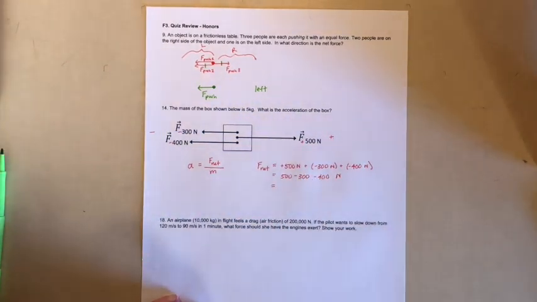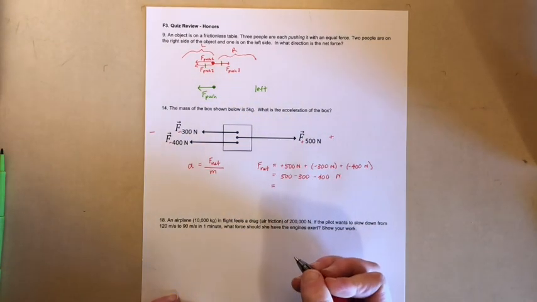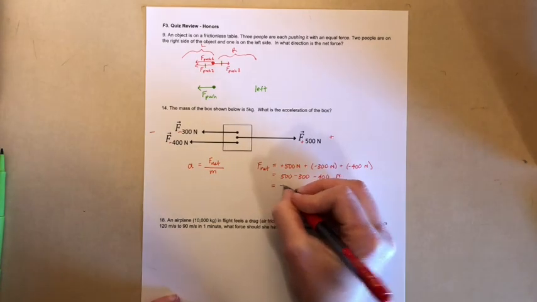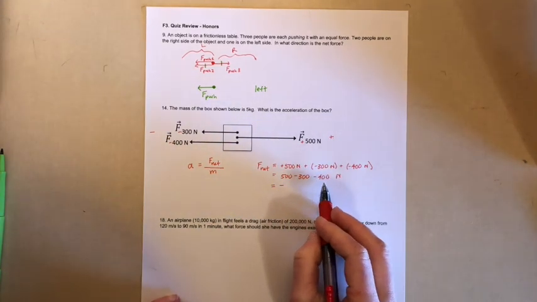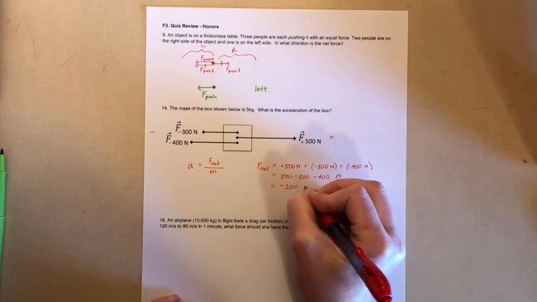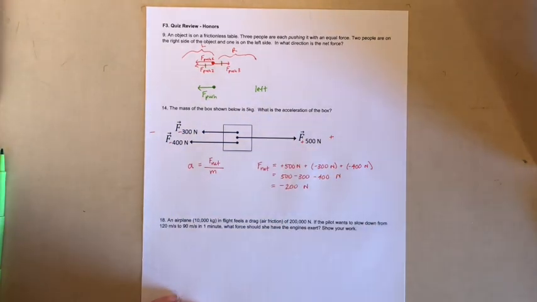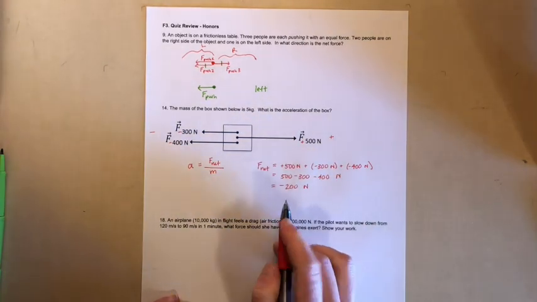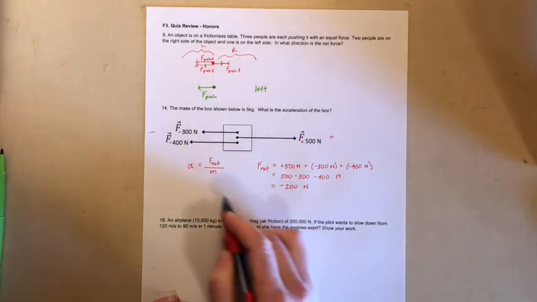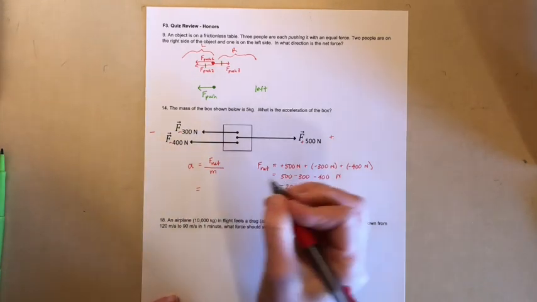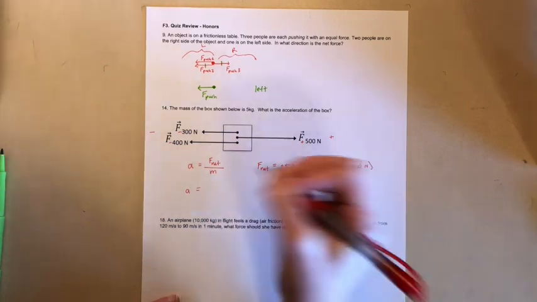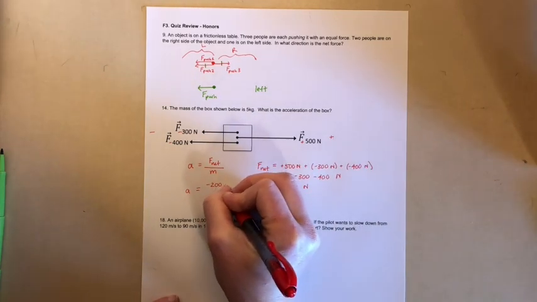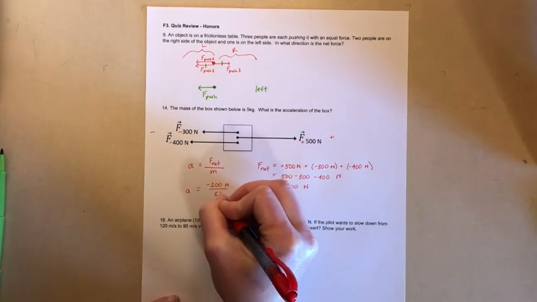When we subtract these, we end up with negative 200 newtons. And now we take this 200 newtons and put it back into the equation for the acceleration, divided by the mass of 5 kilograms.